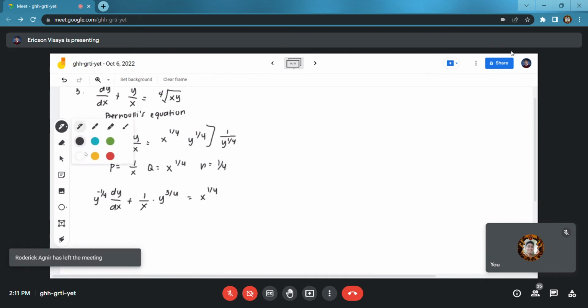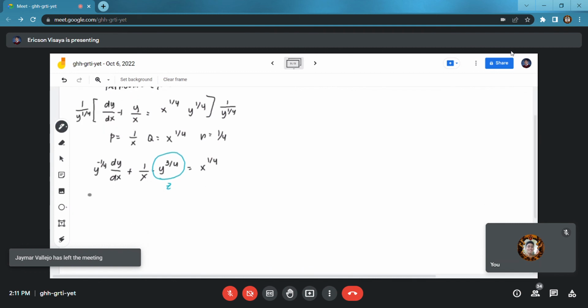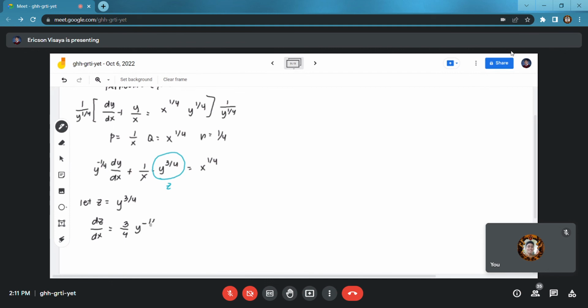Then, ito yung ating isuset na z. Let z is equal to y raised to 3/4. Then, kunin natin derivative nito with respect to x. Bali, dz over dx is equal to, bring down 3/4, then y raised to 3/4 minus 1, so y raised to negative 1/4 dy over dx.